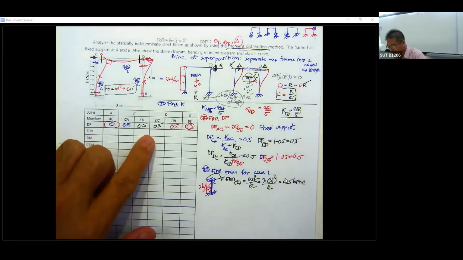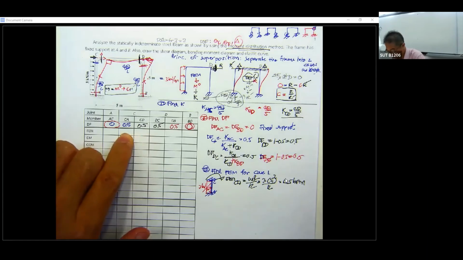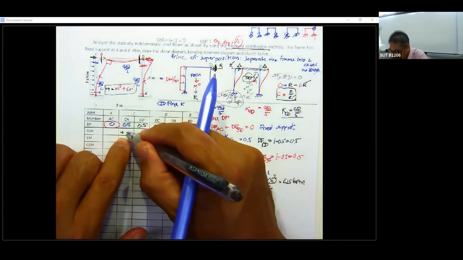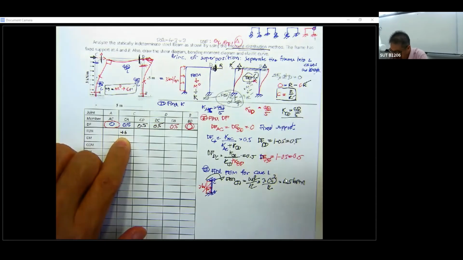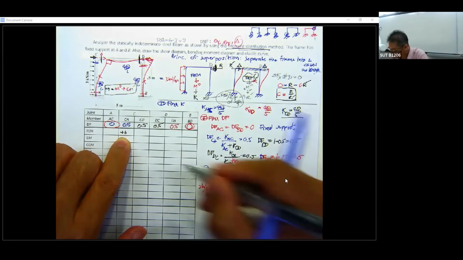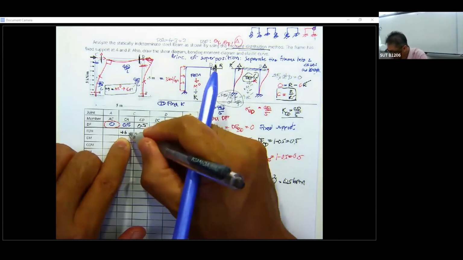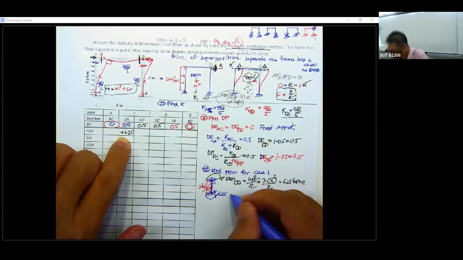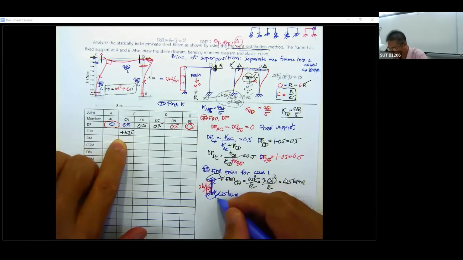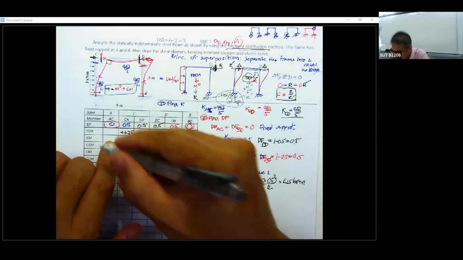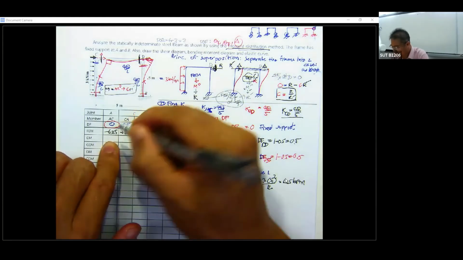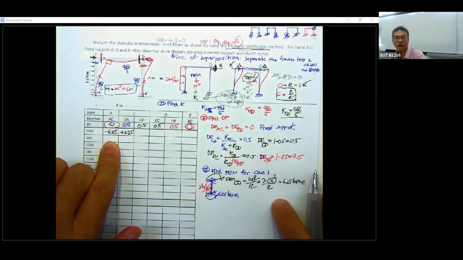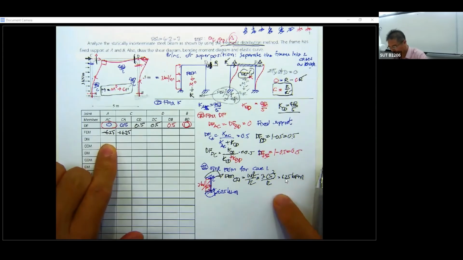So the fixed end moment for the CA is going to be positive 6.25, and due to the symmetry of this, this one is going to be 6.25 kilonewton meter, but it's counterclockwise, so this one is going to be minus 6.25. The other member has no fixed end moment, so don't worry.